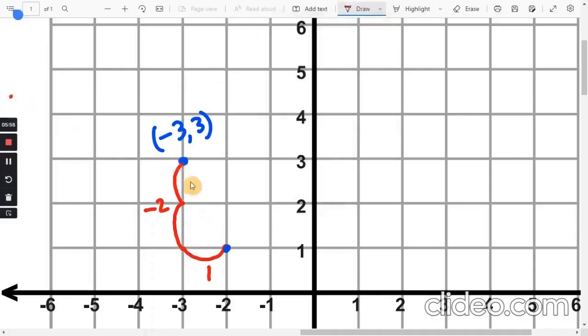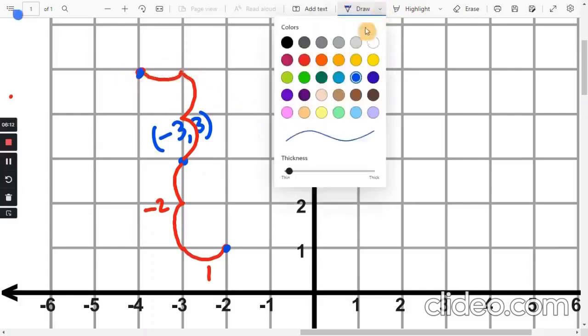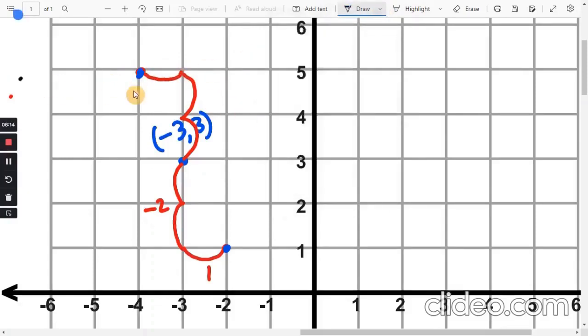Instead of down 2, right 1, you can go up 2, 1, 2, and instead of right 1, you can go left 1. So this would be right there. But it's the same thing. And now you can just connect 2 or 3 points, and you have your line.